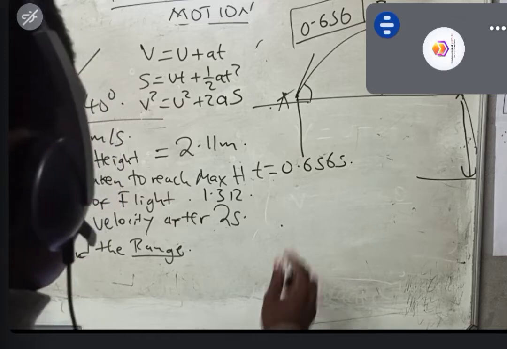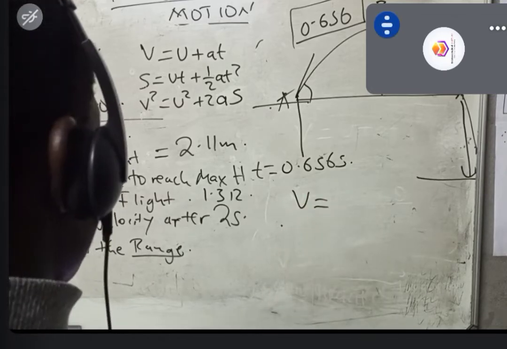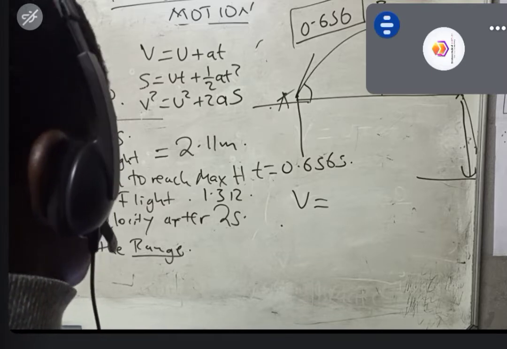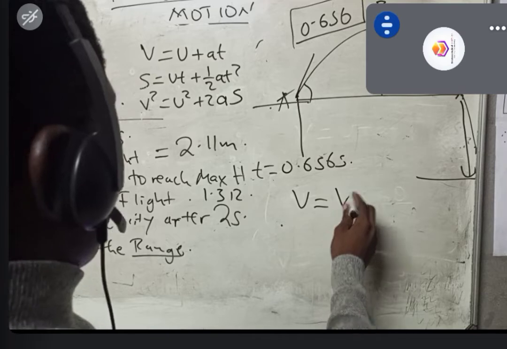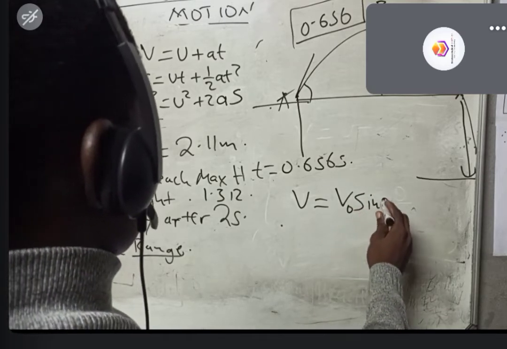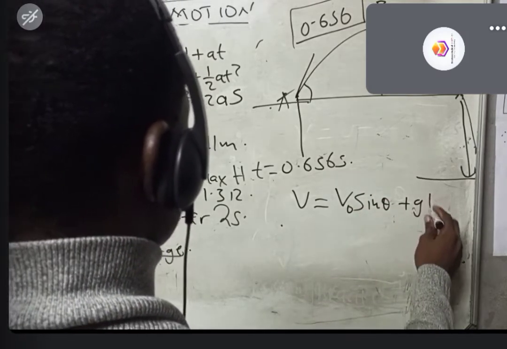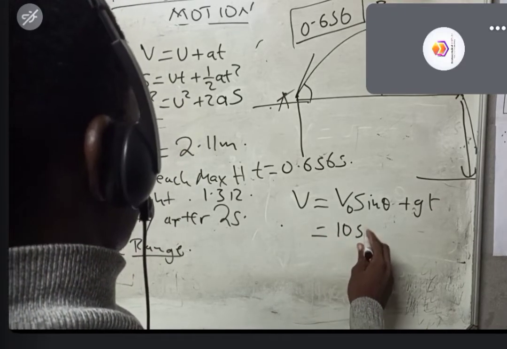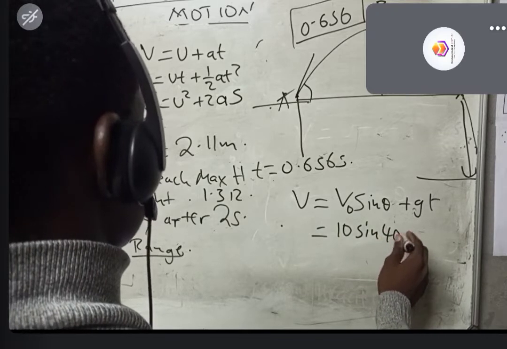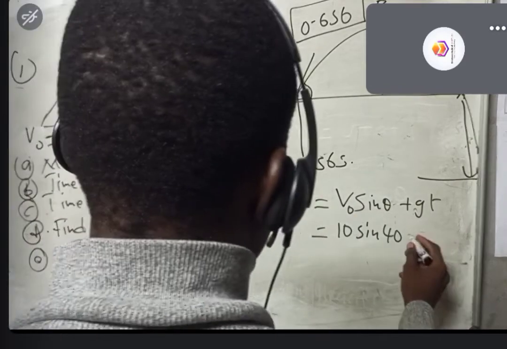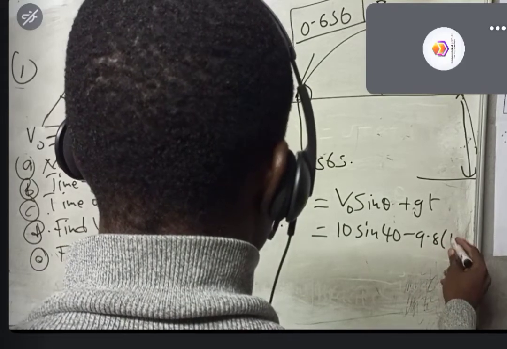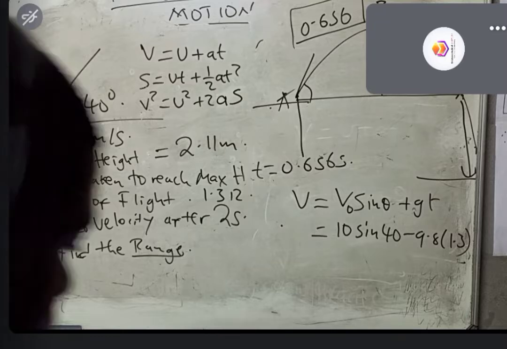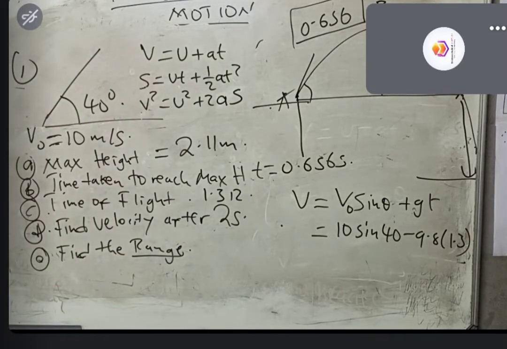Okay, I'll do this deliberately again. Let's say the question was asking you to find the velocity after 1.3 seconds. Let's try to do that. So our v is 10 sine 40 minus 9.8 times 1.3 seconds.